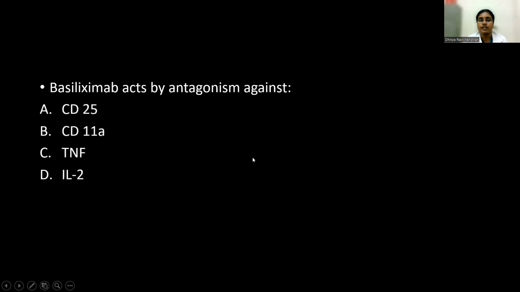Options are CD25, CD11a, TNF, and interleukin 2. Basiliximab is a monoclonal antibody and the answer is CD25, so option A.